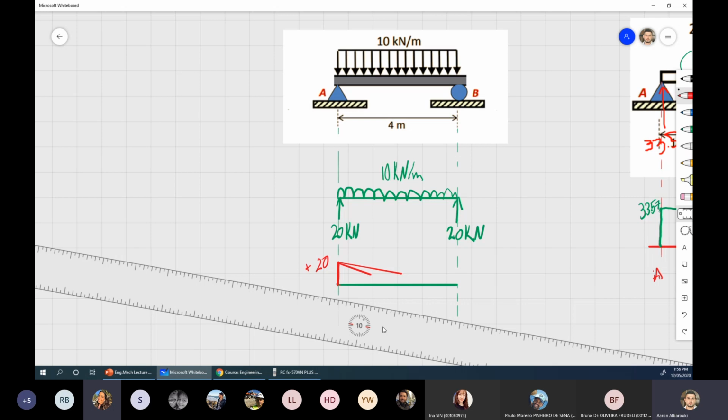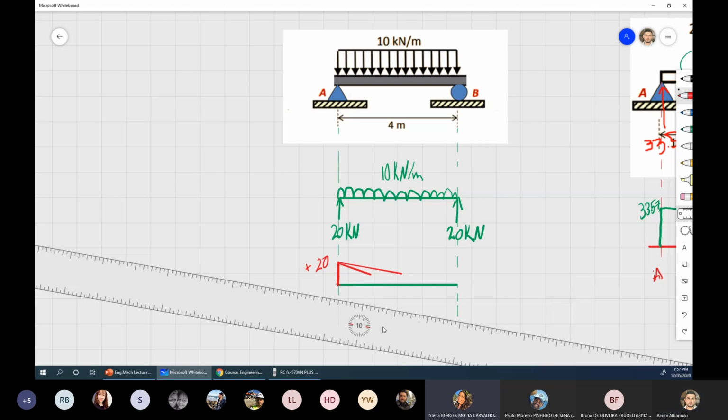Can I have a go? Of course, yes, please. Go ahead. I think because the UDL is 10 kilonewtons per meter and we have 4 meters, the total is going to be 40 kilonewtons centralized. So 2 meters from point A and 2 meters from point B. Perfect.